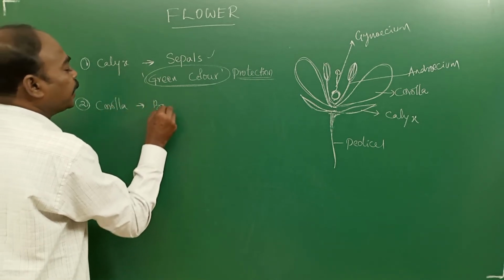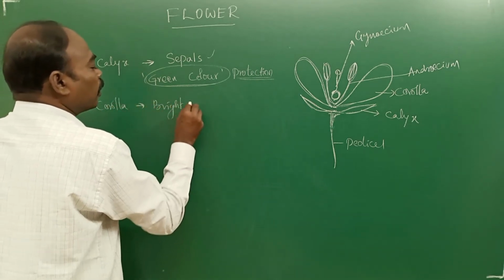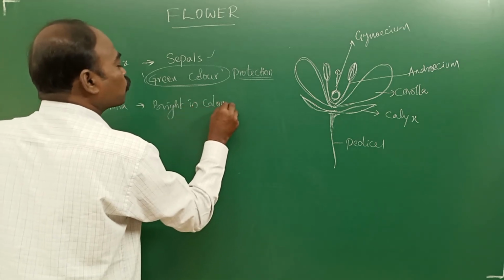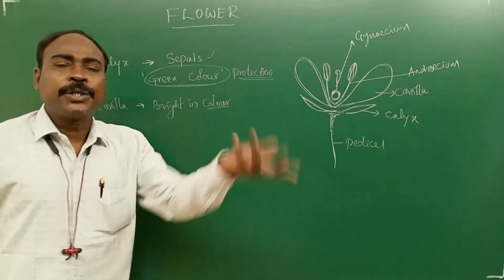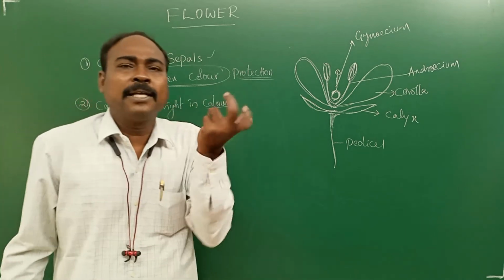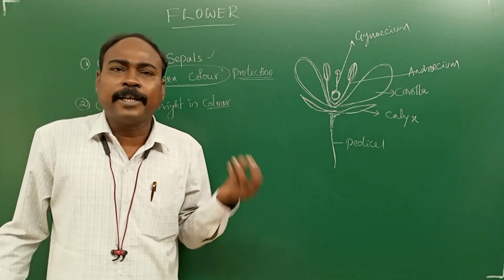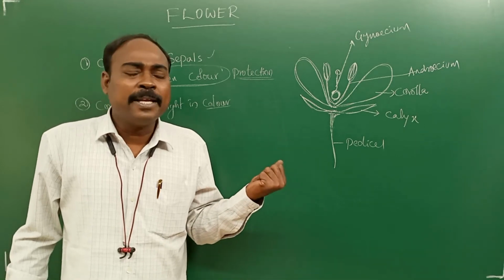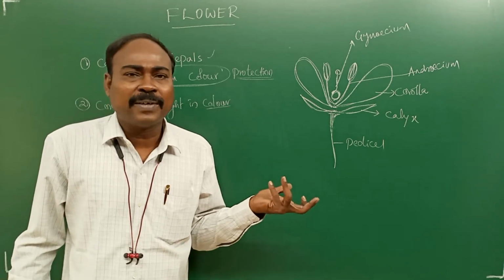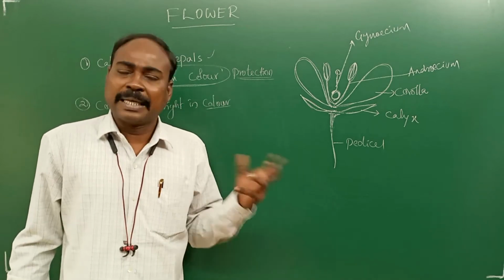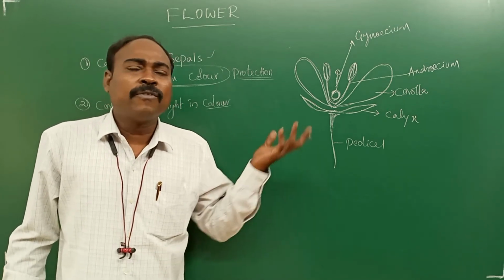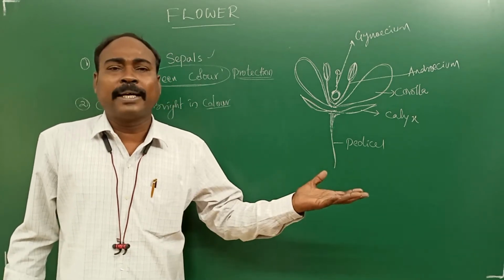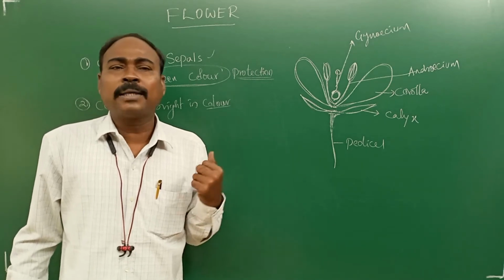So, the next is corolla, which is bright in color, with different colors. Just imagine a rose. The petals of a rose flower are rose in color. Imagine jasmine, the petals of jasmine flower are white in color. The petals of samanti, that means chrysanthemum, are yellow in color.